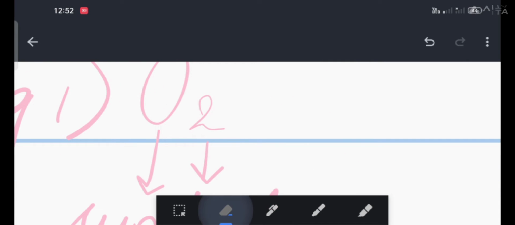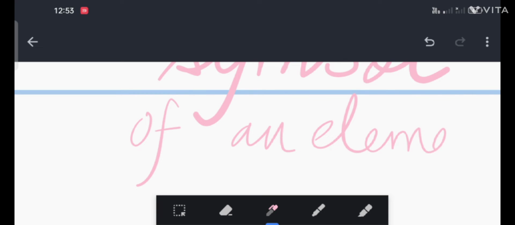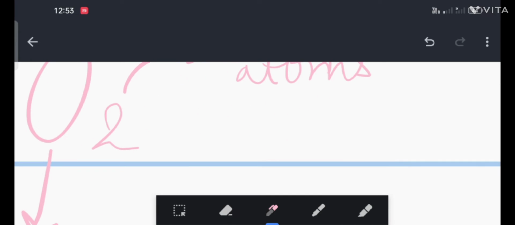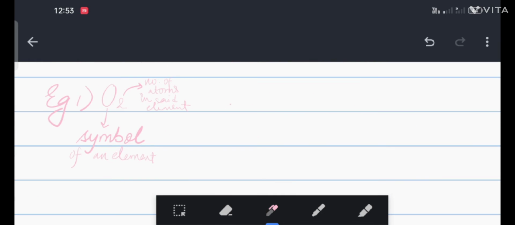The letter is a symbol of an element, and this number denotes the number of atoms in said element, right?